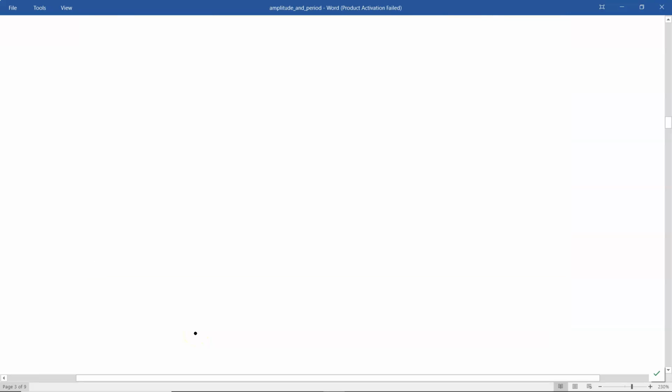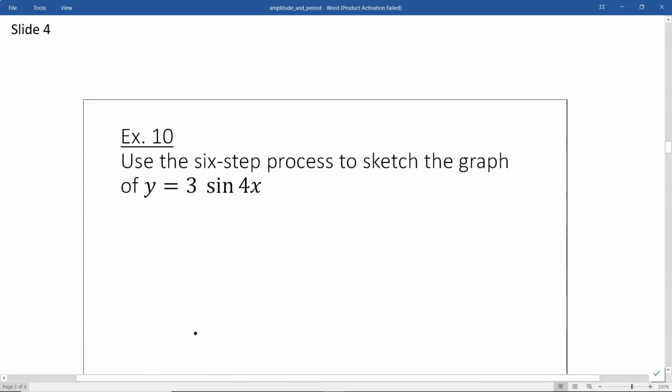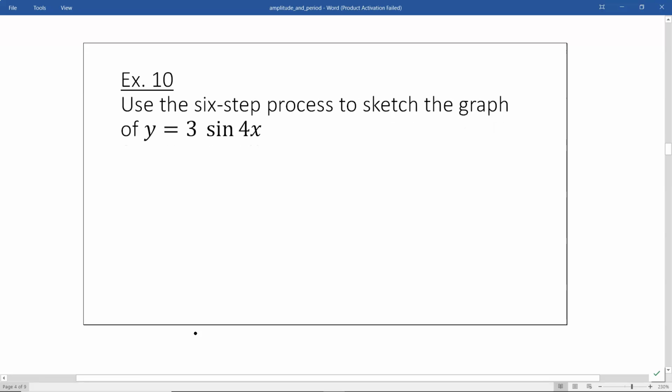So let's just move right into an example. And just to let you know, that is a screenshot from the textbook, so that is also in your textbook. They have some more detailed explanations as well, so feel free to check that out.